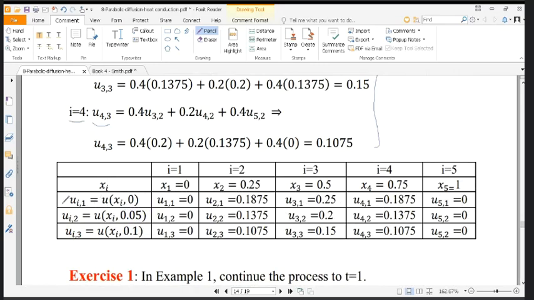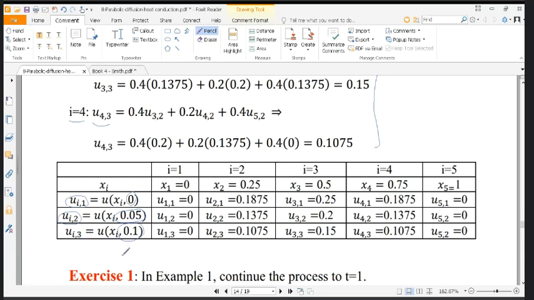The first row for u is for t equal to 0, the second row is for t equal to 0.05, and the third row is for u at t equal to 0.1.